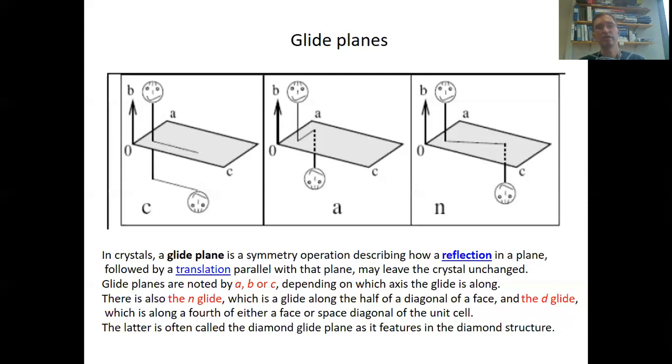In this case, we again, sorry, reflect at the AC plane. So you see that in this case, we first move this atom along A, and then we reflect at the AC plane, bringing the final atom to this position if we start out from that position.